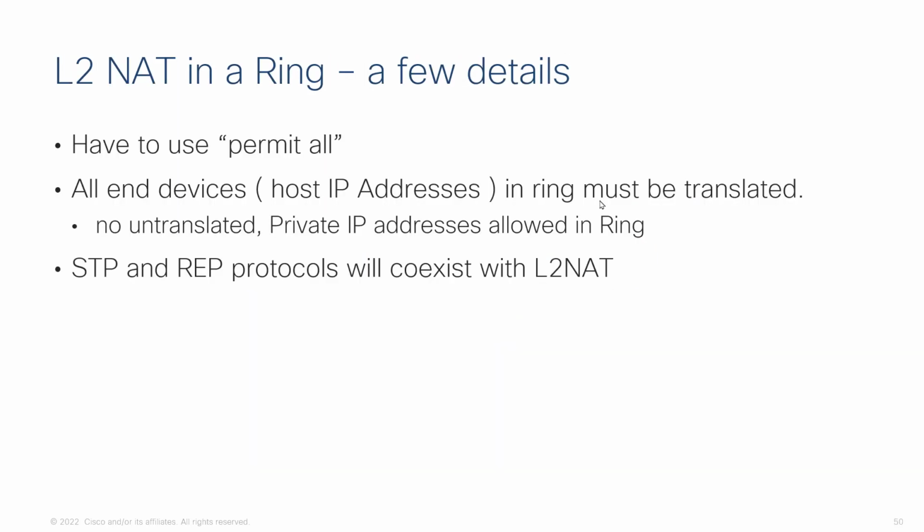A few more details on this. Again, all the end devices that are going to be on the ring itself have a translation. Again, no untranslated IP addresses, because likely those are duplicated if you have a component on there that you don't want translated.